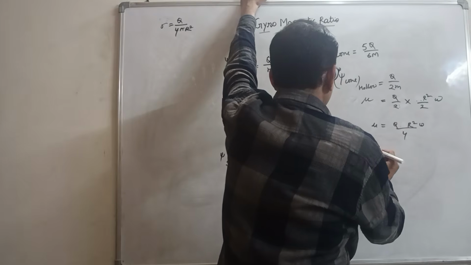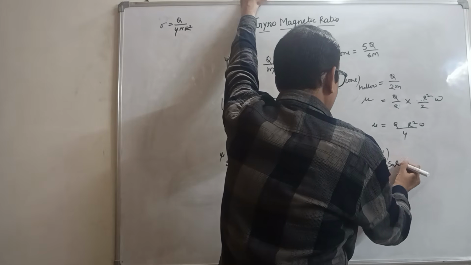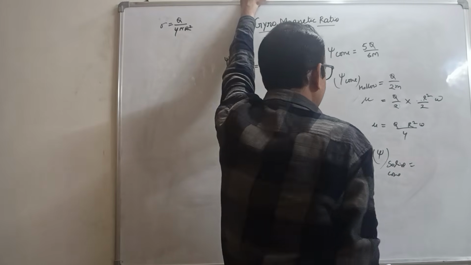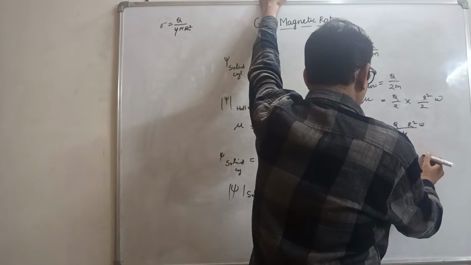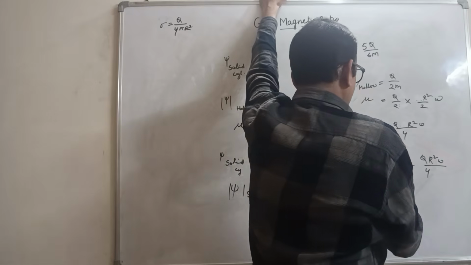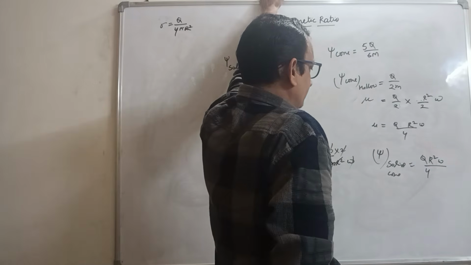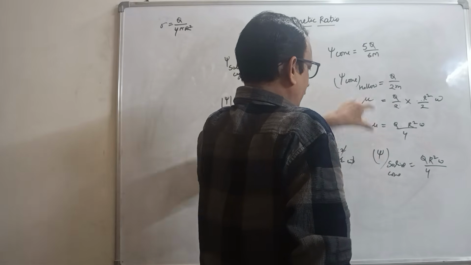So we can write the gyromagnetic ratio for the solid cone. This would be mu upon the angular momentum of the solid cone.